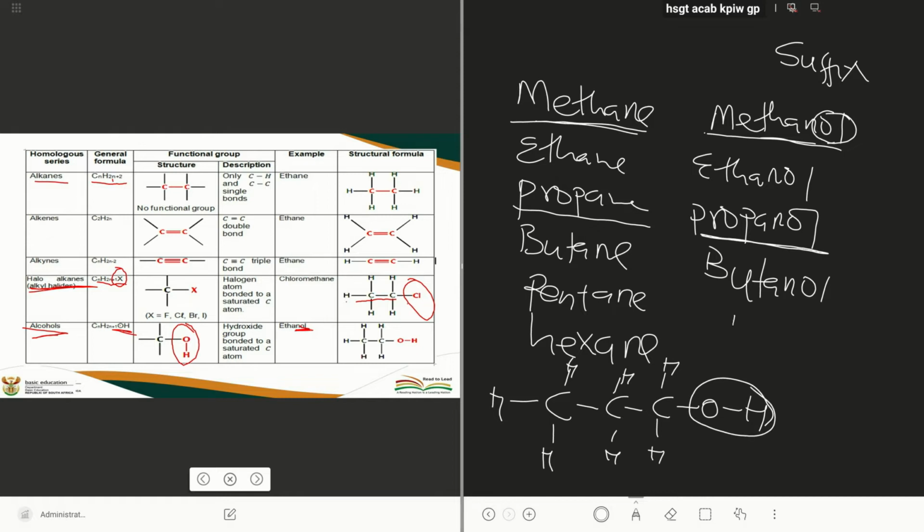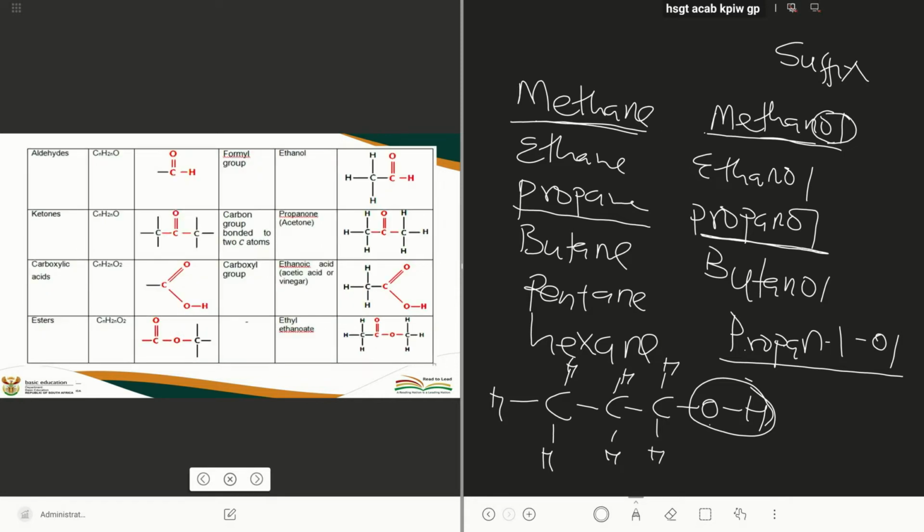Then you'll say propan, from the word propane, dash 1, dash ol. This becomes propan-1-ol. The 1 is indicating the position of the OH in the structure. So if the OH is on carbon number 2, the name will be propan-2-ol. So that's how you go about naming your alcohols.